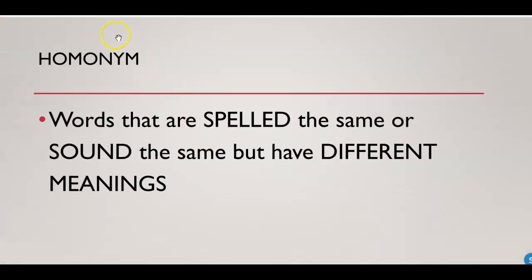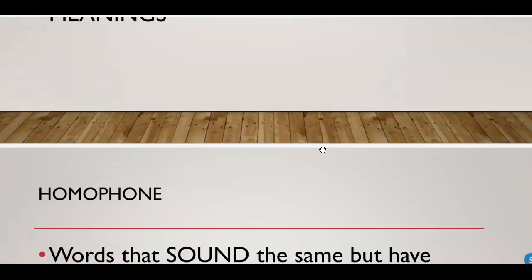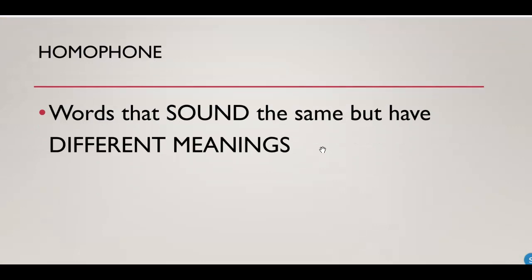First of all, a homonym means same name. Basically, this refers to any words that happen to be spelled the same or sound the same, but they happen to have different meanings. Homophones are words that sound the same but have different meanings.